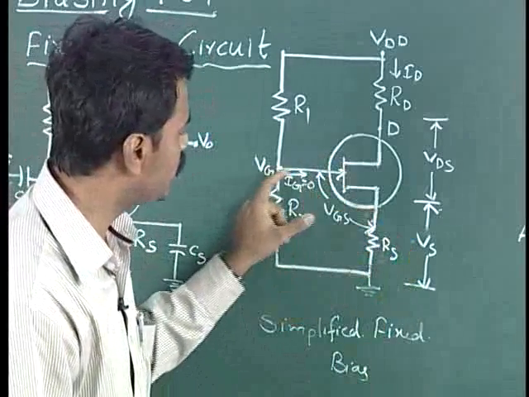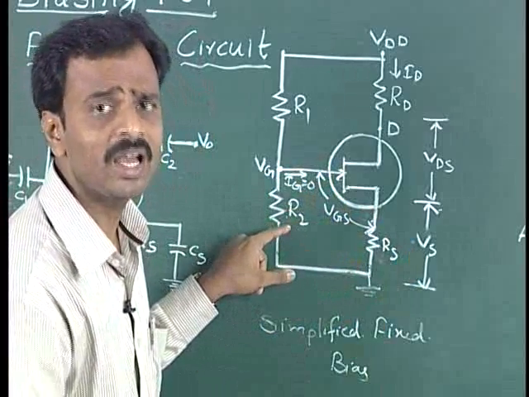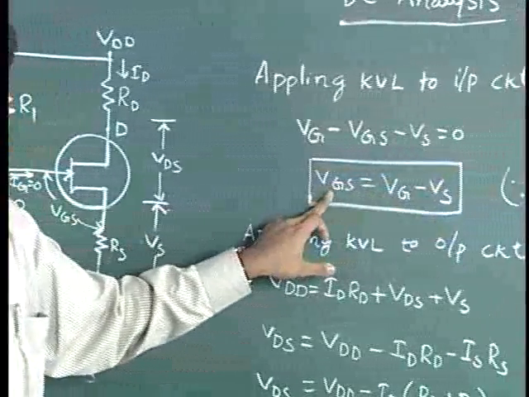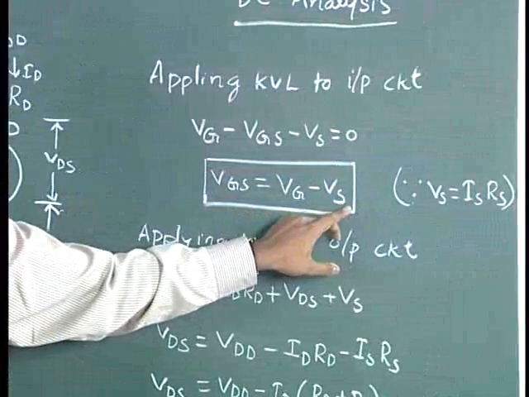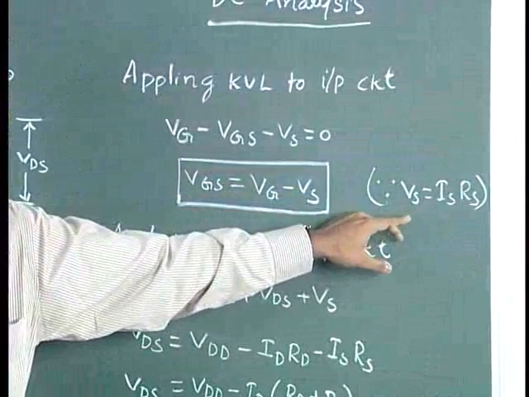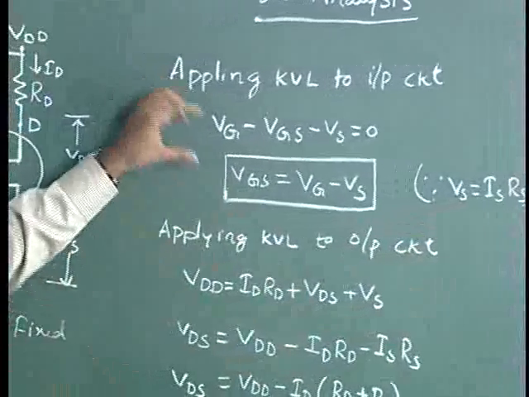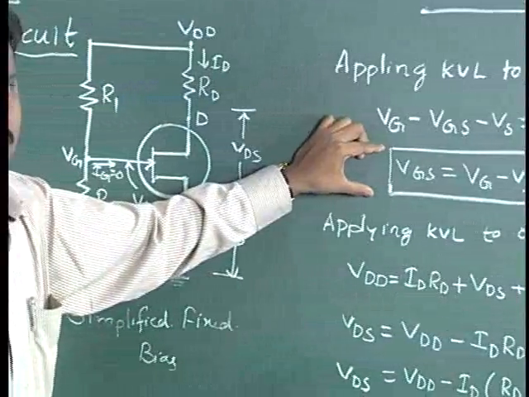Finally we get the input voltage VGS equal to VG minus VS. As I have told, VS is equal to the product of IS into RS. This is the equation resulting from applying KVL to the input of the circuit.